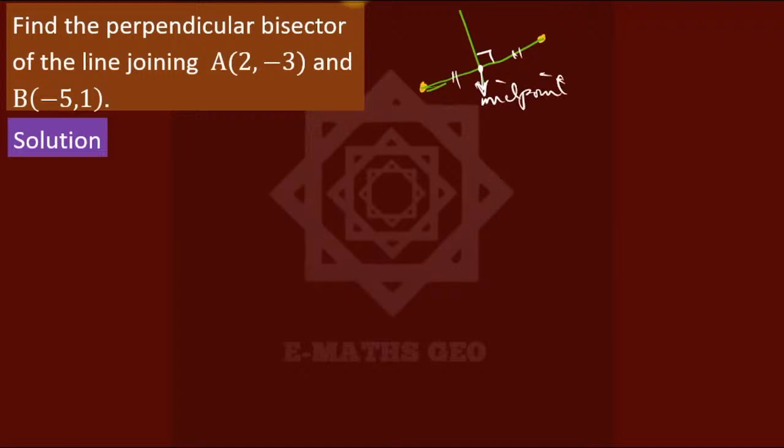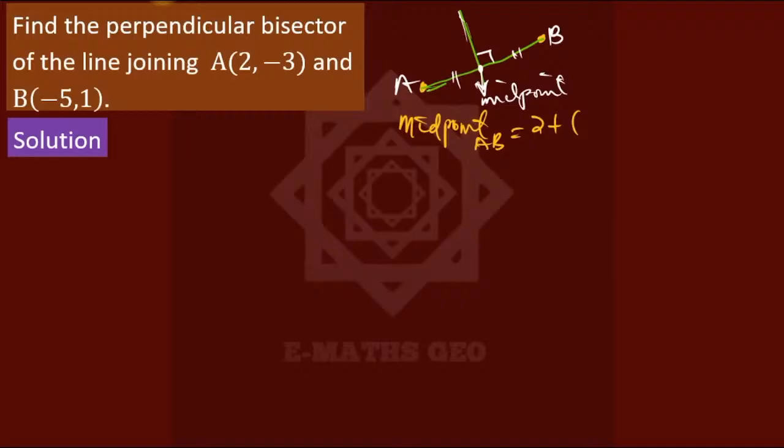So we need to get that midpoint, and also the slope of AB, because if you know the slope of AB, you can get the slope of the second line, that's the bisector. First of all, let's get the midpoint of AB using the midpoint formula, which is the average of their coordinates.